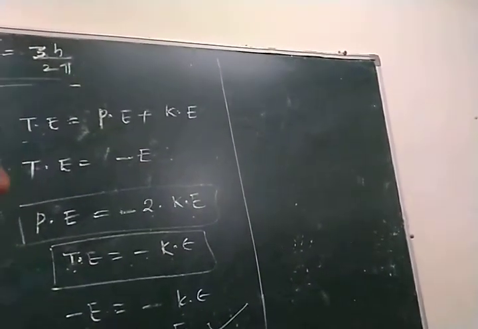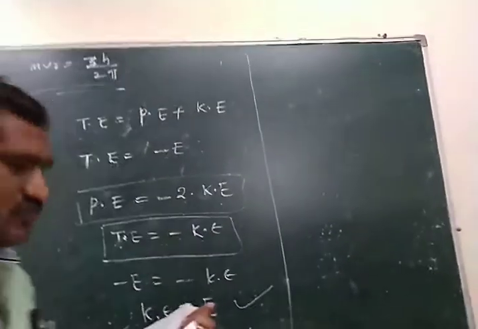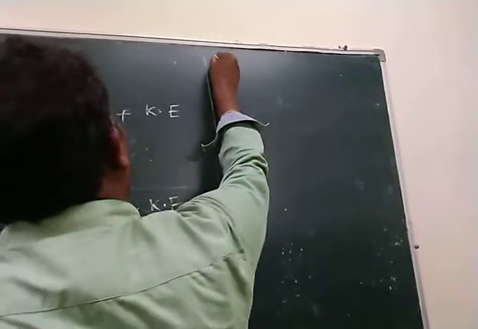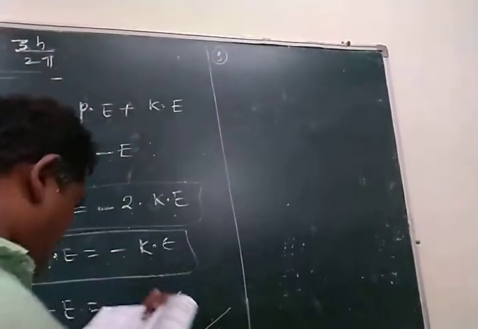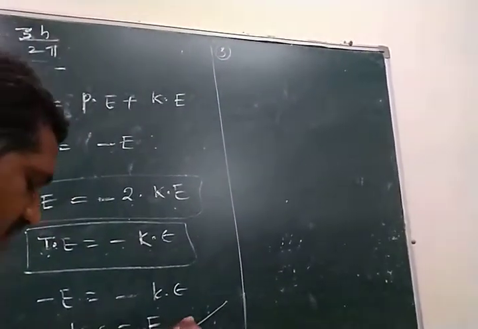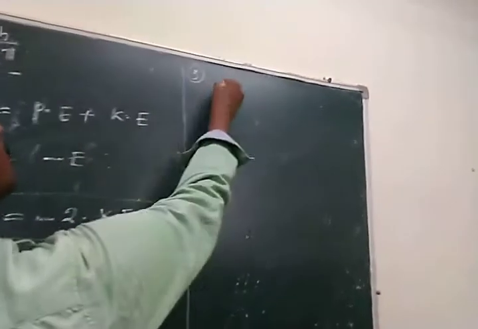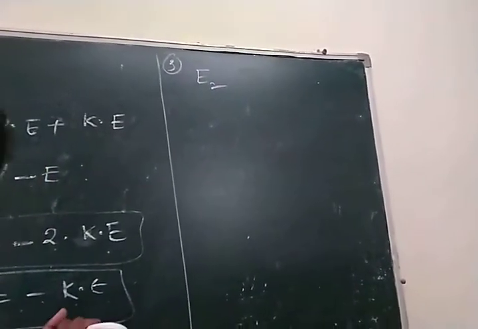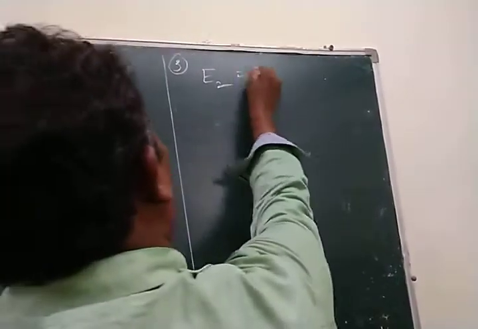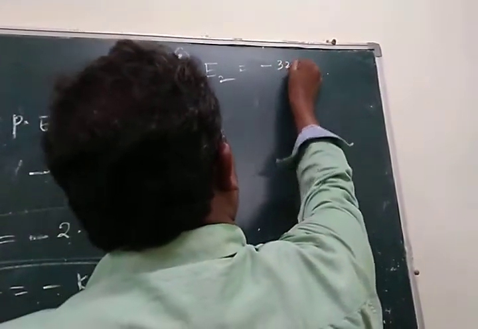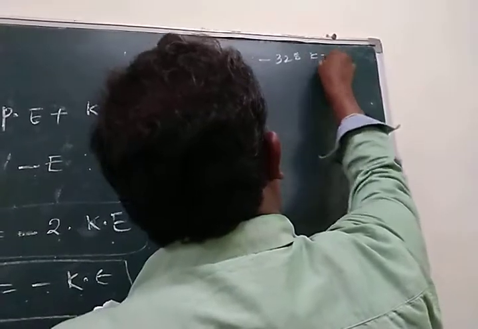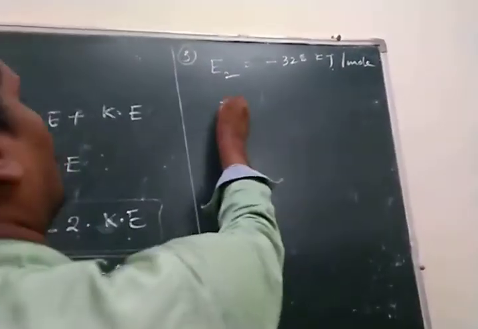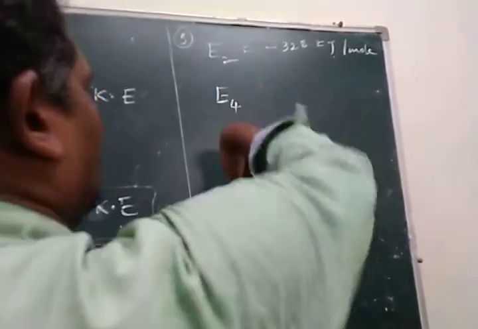Hence, what is the energy of the fourth Bohr's orbit? According to the question, E2, the second orbit energy, they have given as minus 328 kilojoules per mole, and they want the energy of the fourth orbit.